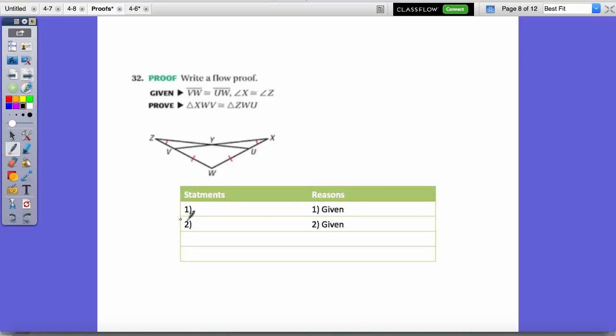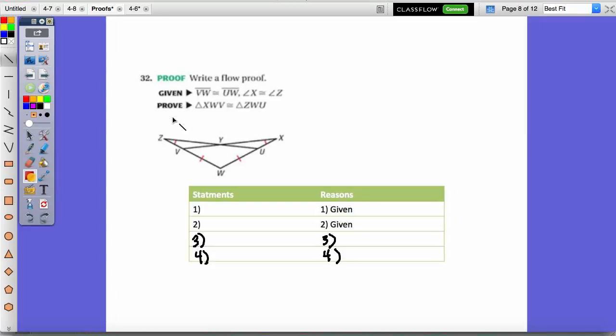Okay, this next proof. This really is a proof from scratch. I know that there are a total of 4 statements and 4 reasons. And the first thing I'm going to do, as I've told you guys, is to draw out these separate triangles.